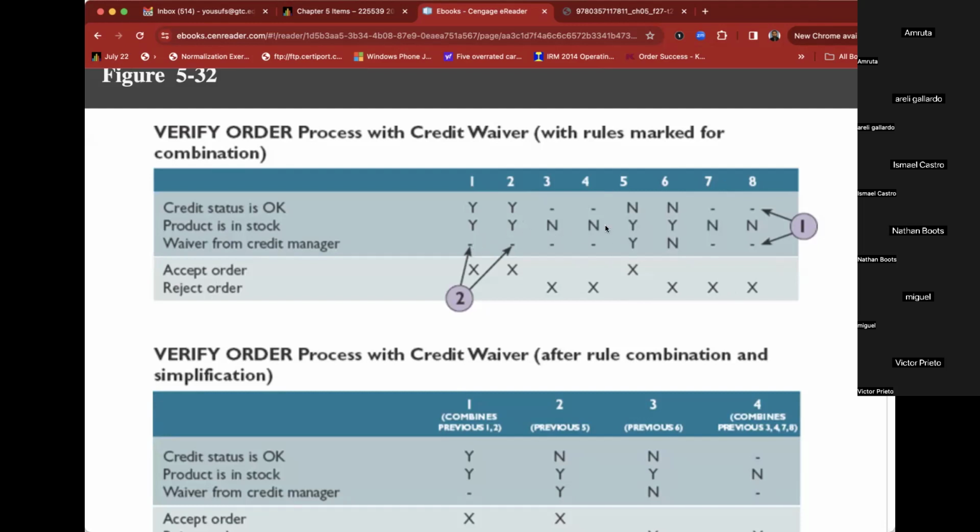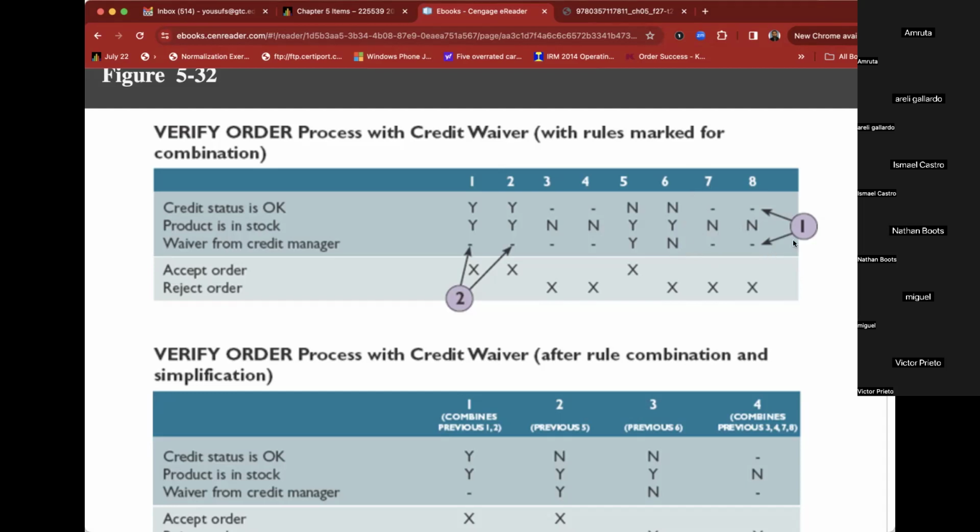If product is not in stock, everything else is meaningless. So we'll put dashes down now. Columns 3 and 4. Column 5. Well, the credit status is not okay, but manager is willing to sign. Well, that's a unique case. Credit is not okay and the manager is not willing to sign. That's another unique case. And if the product is not in stock, none of the other conditions matter.